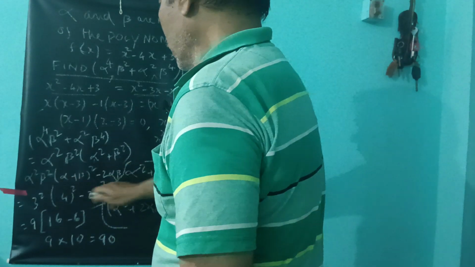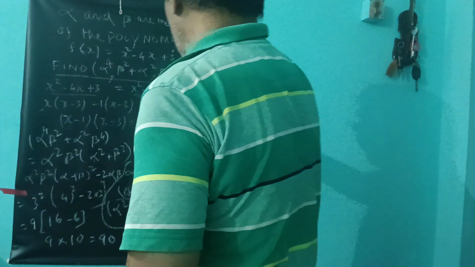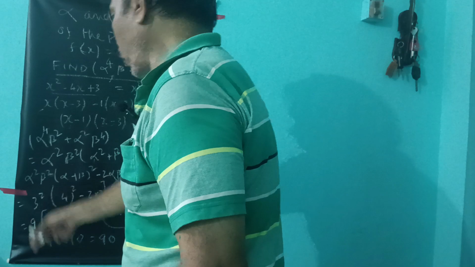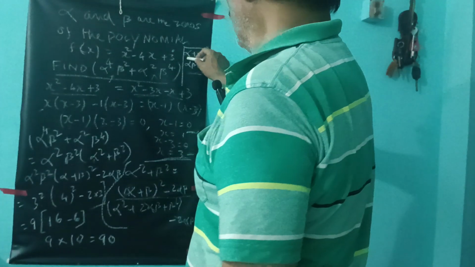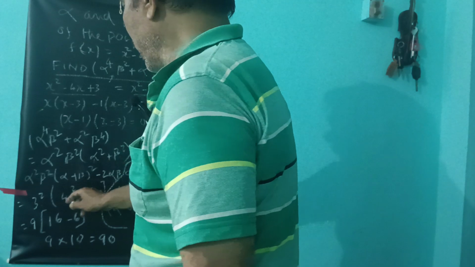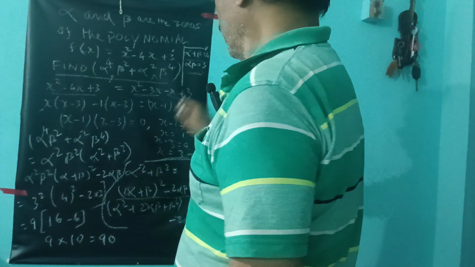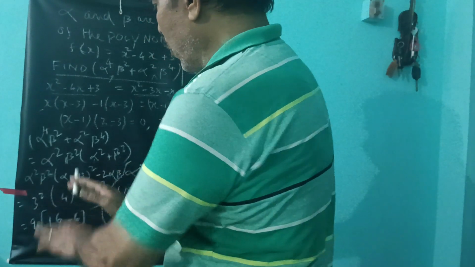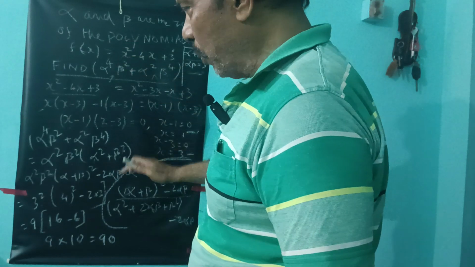You know alpha beta is equal to 3, so alpha beta squared becomes 3 square. You know alpha plus beta equal to 4, so alpha plus beta the whole square becomes 4 square. You know alpha beta equal to 3, so minus 2 into alpha beta. Now everything comes into number form. These are the steps you have to follow.